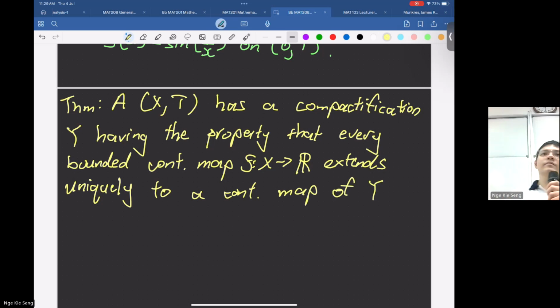We want to do it for all bounded continuous functions.